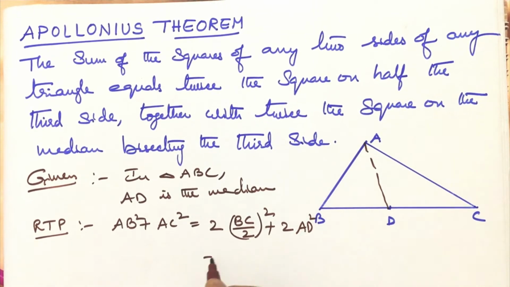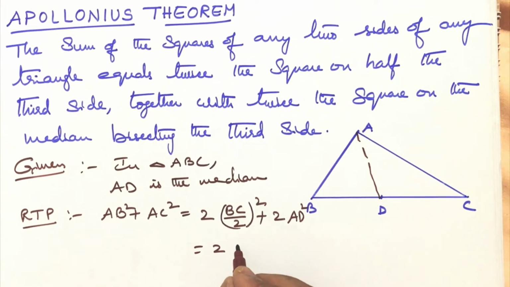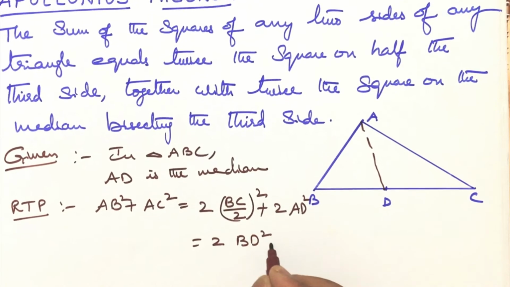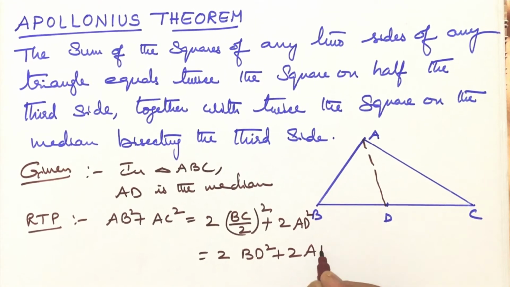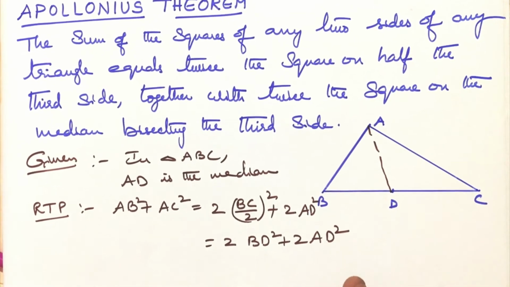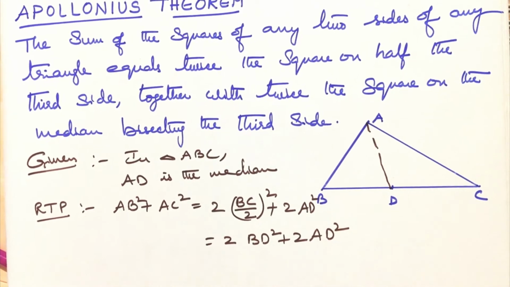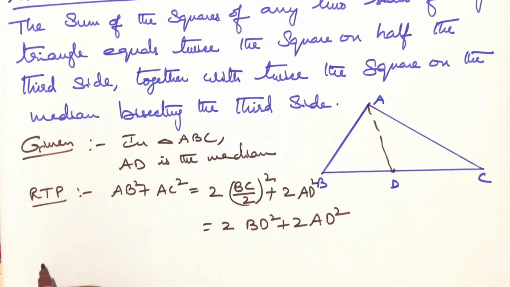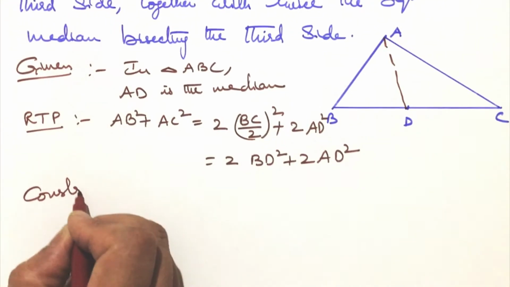It means you can say 2 times BD square plus 2 times AD square; you can write it as BD square or else CD square, no problem. So how to show this? For this we need a construction.